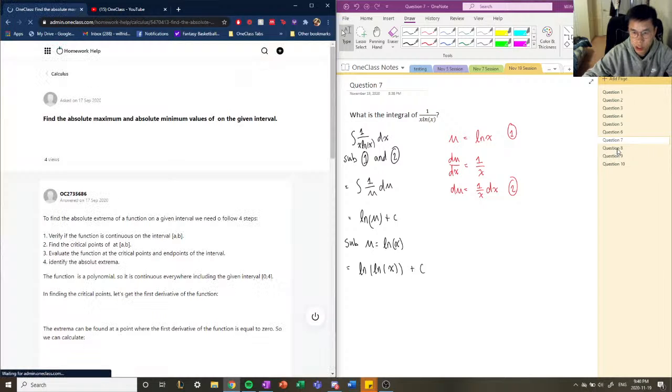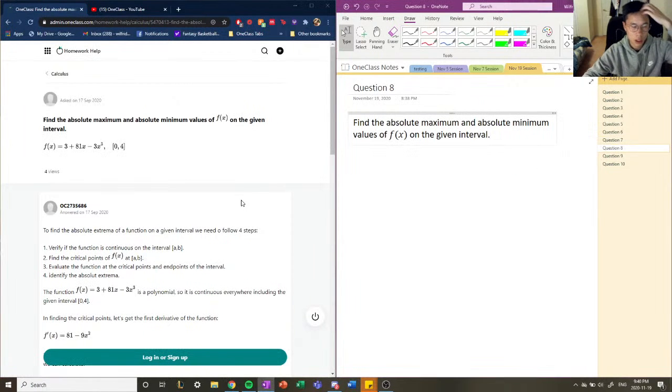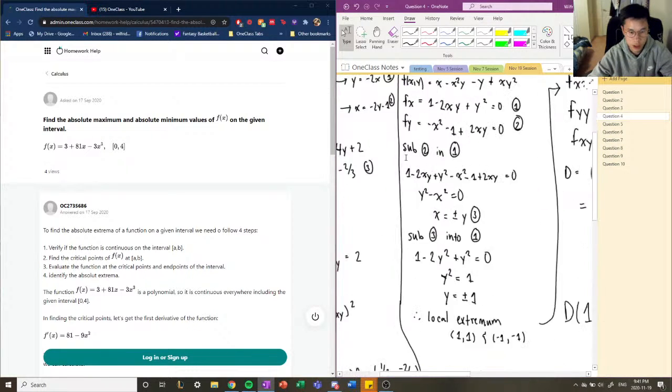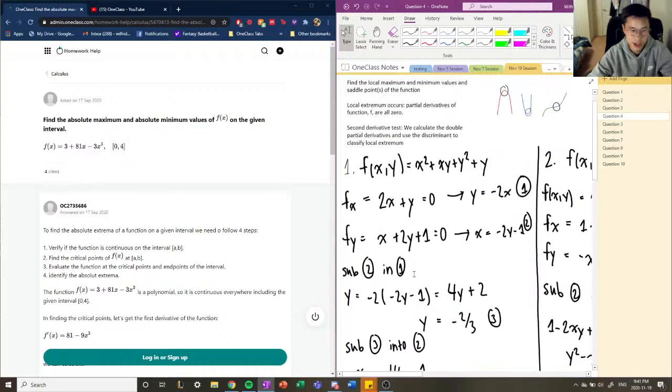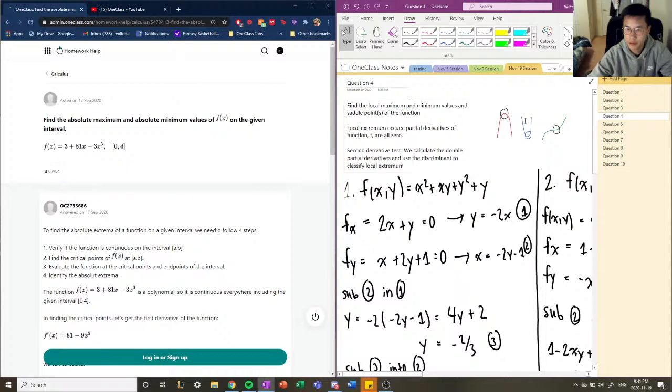All right, let's move to question number 8. Find the absolute maximum and absolute minimum values of f of x equals 3 plus 81x minus 3x cubed on the given interval. So in question number 4, we found the local maximum and minimum values, all right?